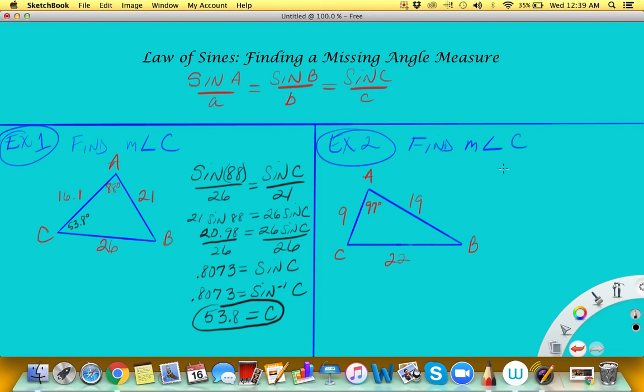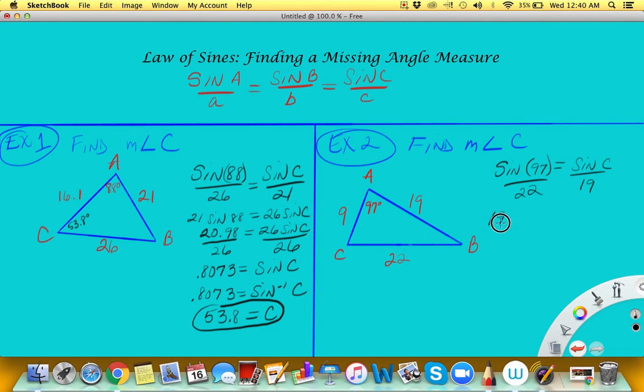So here we're going to set up our proportion. The sine of 97 degrees is equal to the sine of C, and we want to put that over 22 and over 19 to represent the side lengths.